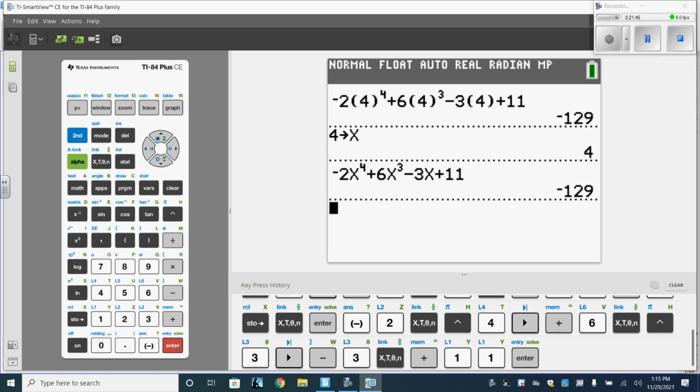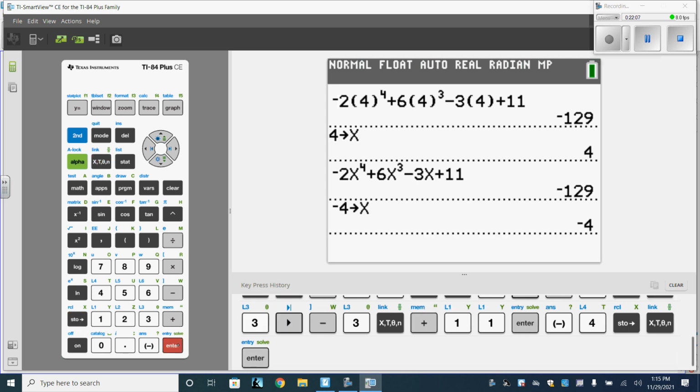Now, for the most part, if we're doing just one calculation like this here, that's not a big difference between plugging these two in. But say, for this function here, I didn't want to just know what the value of 4 is, but negative 4. I wanted 4 and negative 4. Well, at this point here, I could say negative 4, store X, enter.